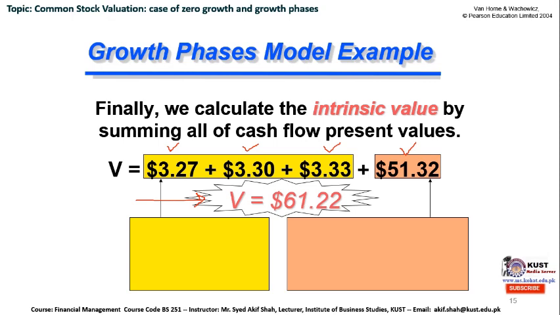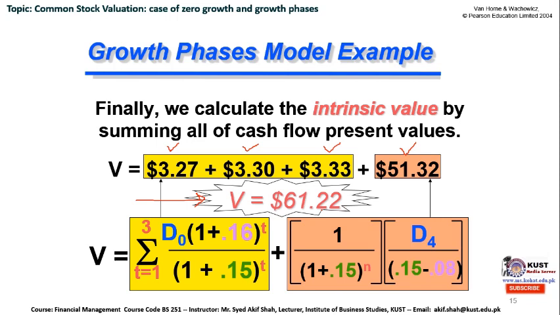However, if the shareholder already owning this stock is looking to sell this share at a price in excess of $61.22, let's suppose he or she is offering this stock at a price of $65, then the investor must not invest their money into this stock, because according to the mathematical calculation, it is overpriced.